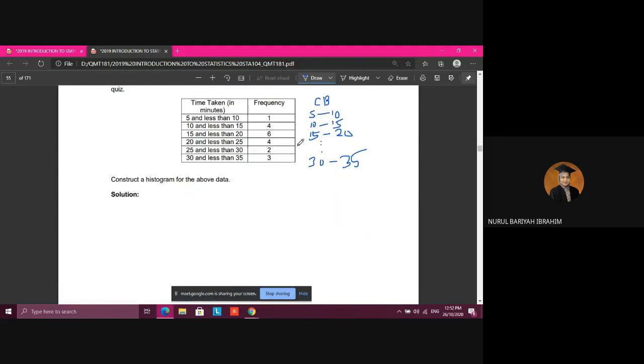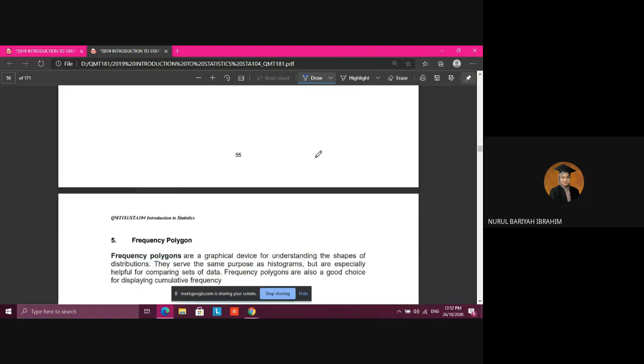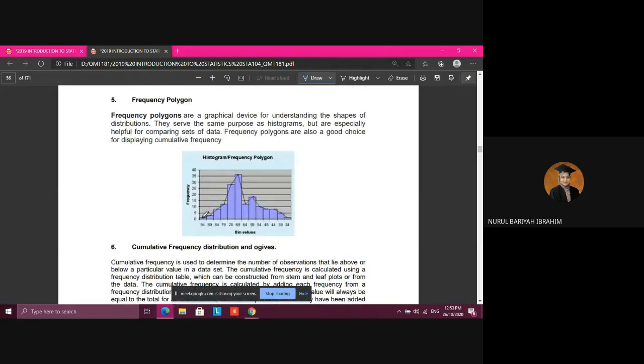Okay, divide dengan 2 you akan dapat midpoint. So bila dapat midpoint tu you akan letaklah dia punya point kat sini kan, titik dekat sini, the point here, and then just buat line. Okay, just sambungkan the 2 points that will create the frequency polygon.